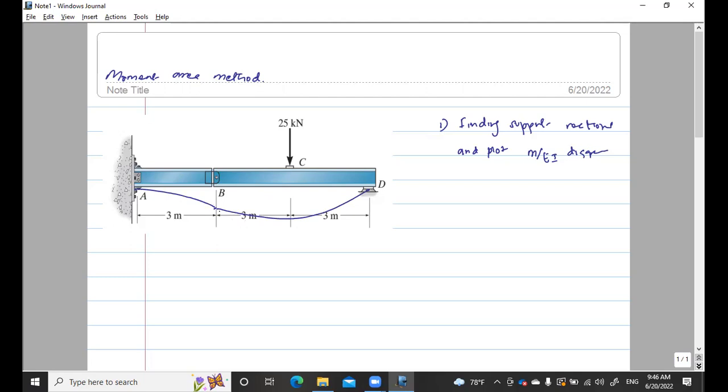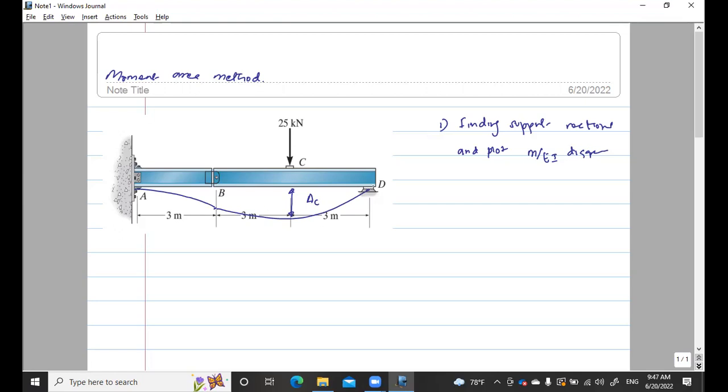There is a break here because of the hinge, and we have been asked to find this displacement, that is this delta C. The question is to find the deflection at C.